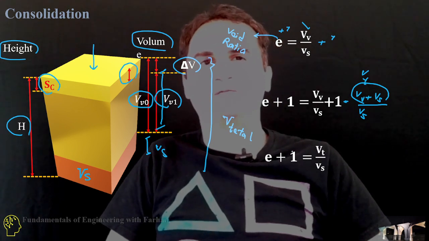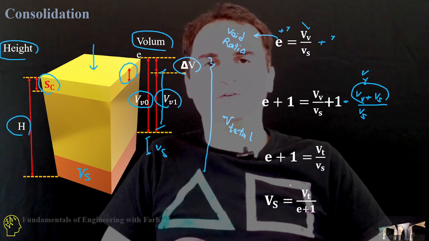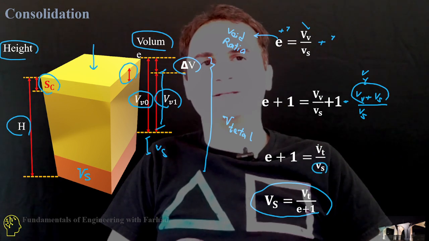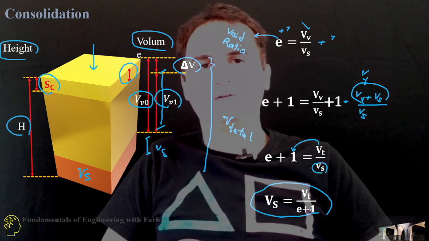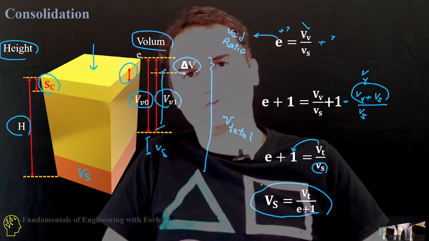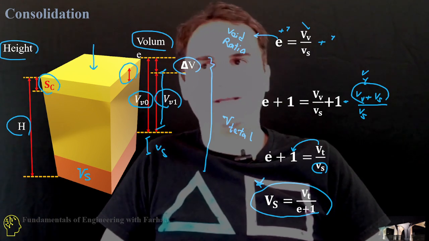So e plus 1 is equal to VT over Vs, where VT is the total volume of soil. If you rearrange this equation, Vs is VT, the total, over 1 plus the initial void ratio. So just remember this equation, we'll use it later on.